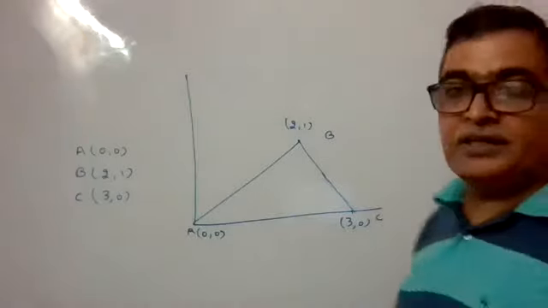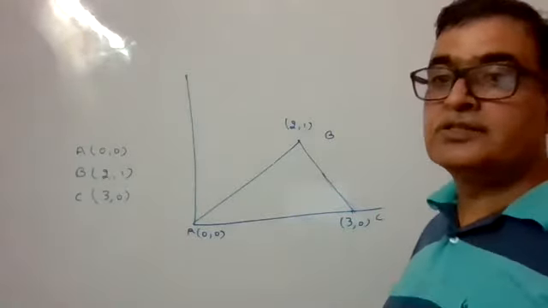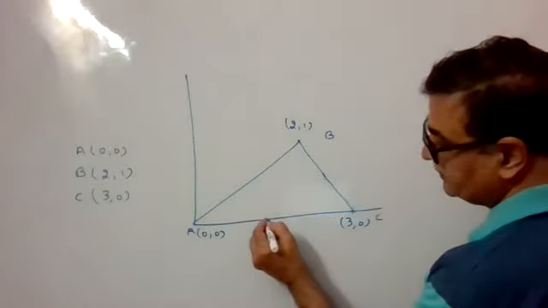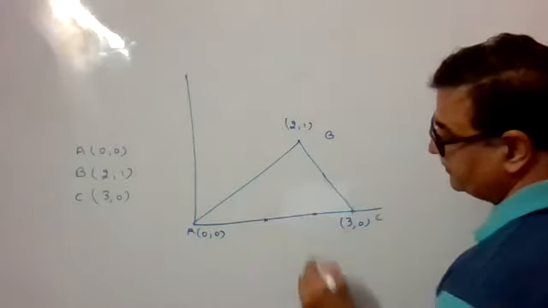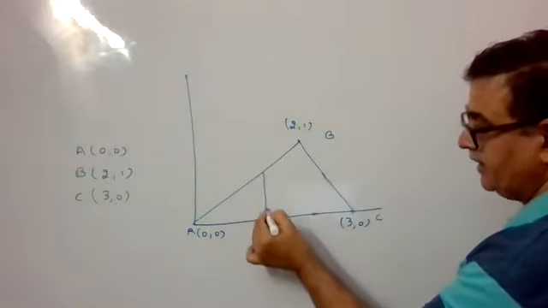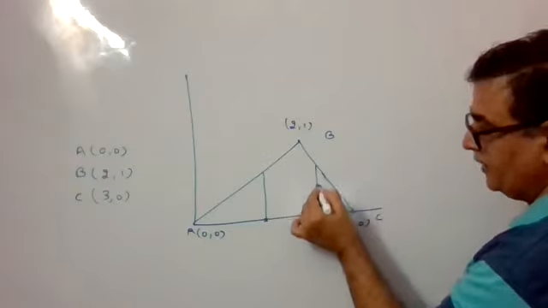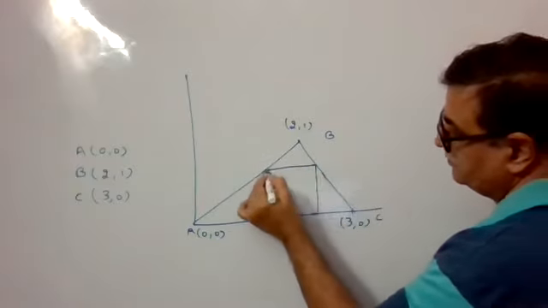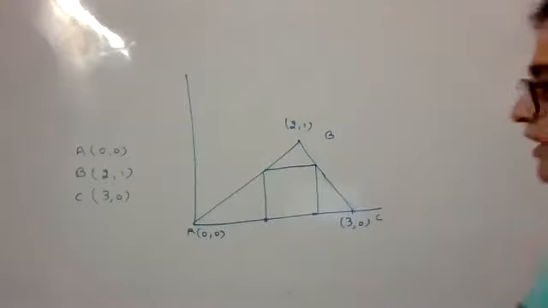In this triangle, we will be having a square which has two of its vertices here on AC, so the square will be like this. This is the square we have.